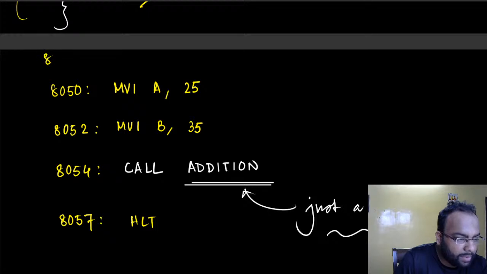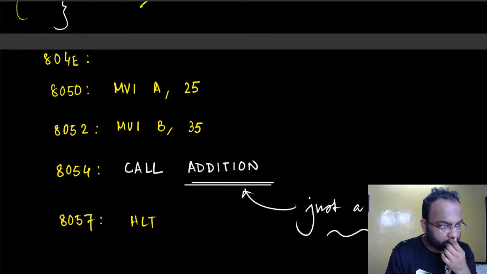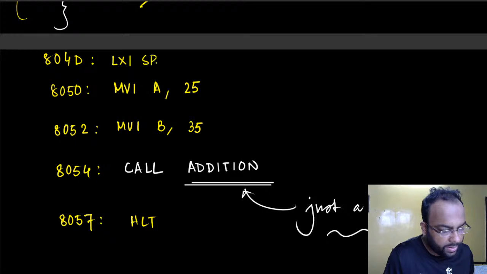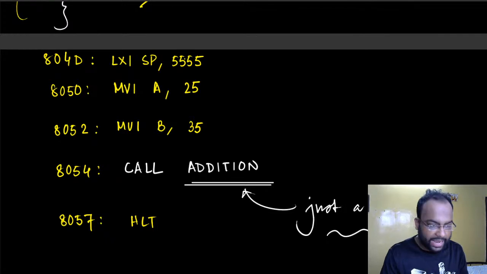Let's start our program from, say, 8040, with LXI SP, say 5555. The call instruction makes inherent use of the stack, and I'm going to show you how.